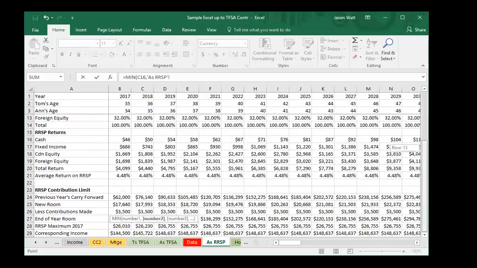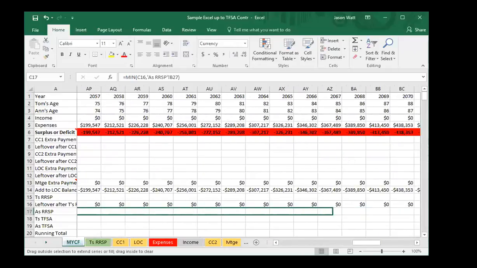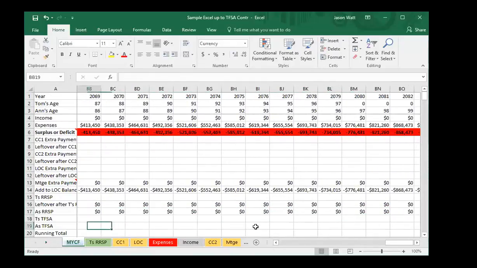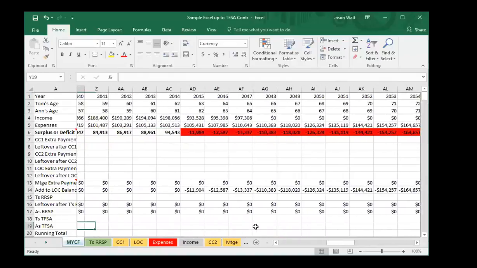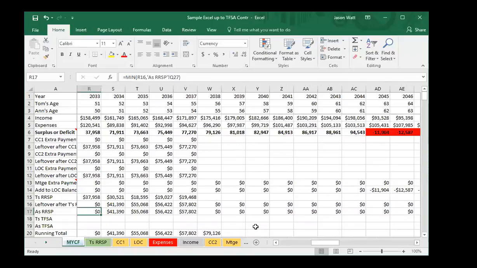And got Ann's RSP maximum here. Oh, not helpful, Excel. Not helpful at all. Just like so, and that should work out for us. No circular reference or anything like that. So now Ann is similarly going to be maxing out her RSP to the extent that it works. There we go. We've got Ann now putting money into her RSP.